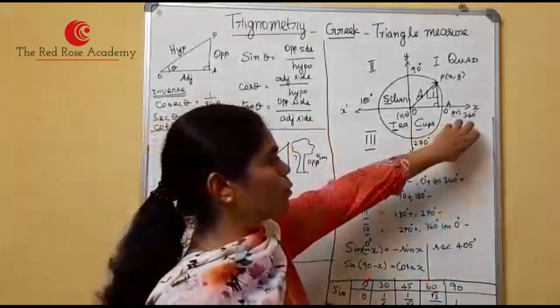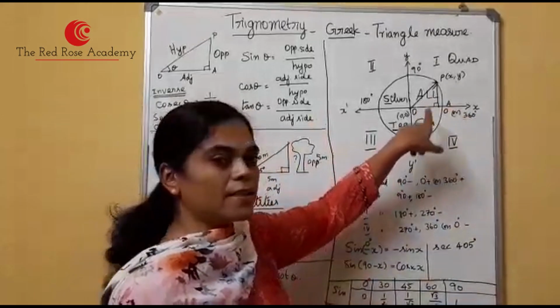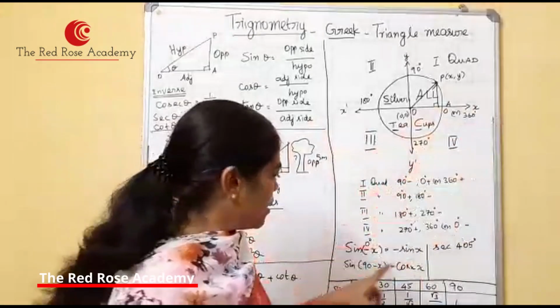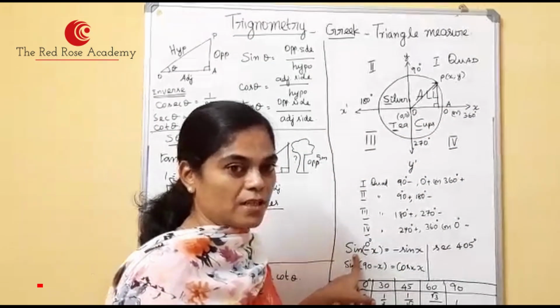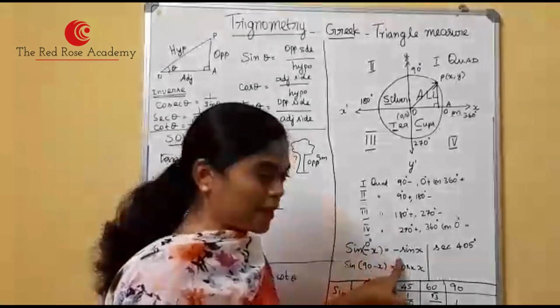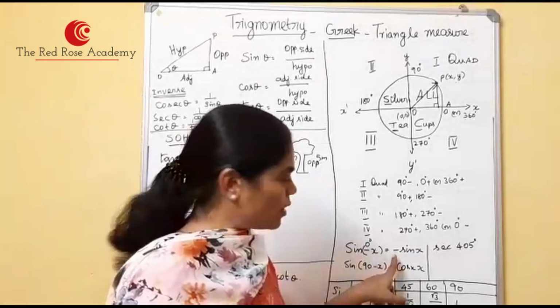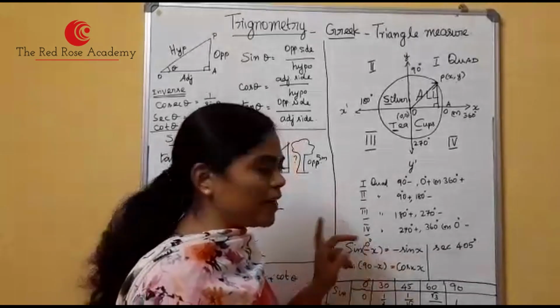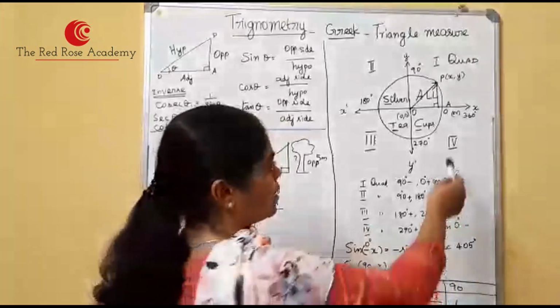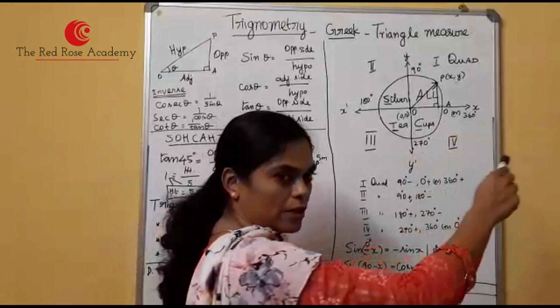In this fourth quadrant, what are all positive? Cos and its inverse are positive. What is given here? Sine. Sine is not positive in the fourth quadrant, so put a negative sign. And then what is 0 minus x? In this quadrant, no transformation occurs.